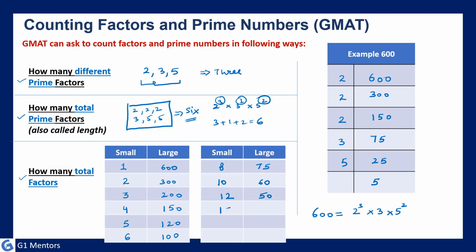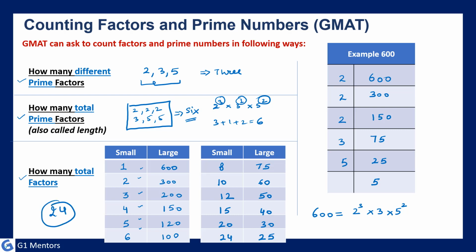Then 15. 600 divided by 15 is 40. The next number which divides 600 is 20. 600 divided by 20 is 30. Then 21, 22 and 23 we cannot divide 600. Then we take 24, which gives us the factor pair of 25. So if we count, there are 24 total factors of 600.